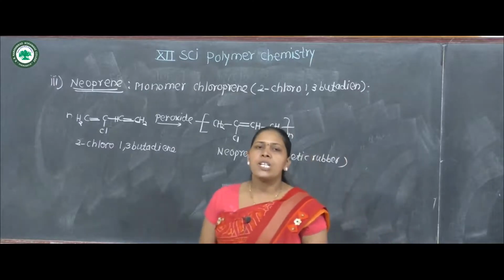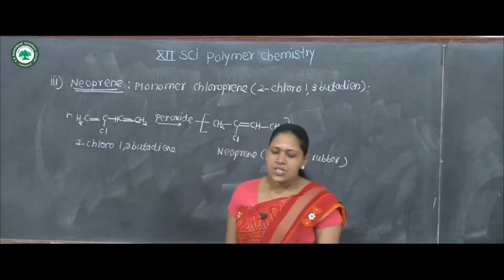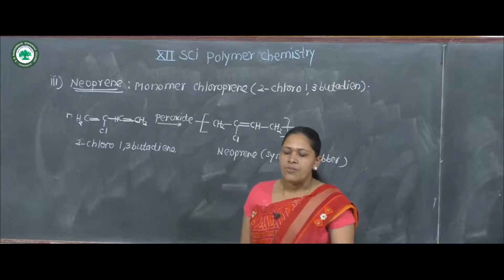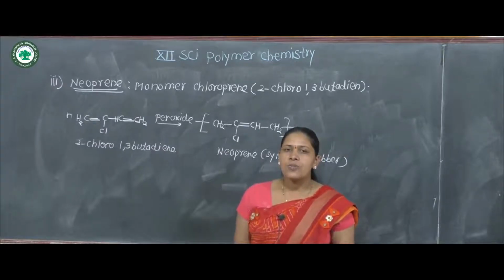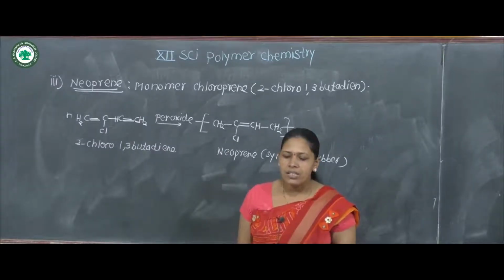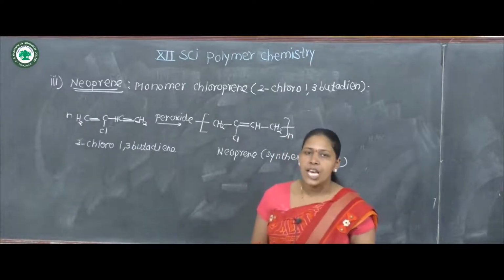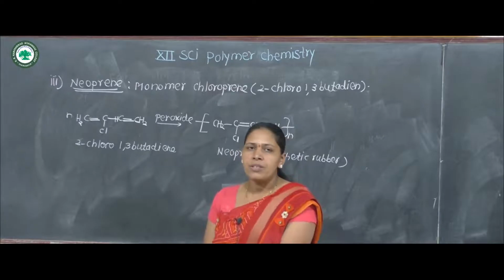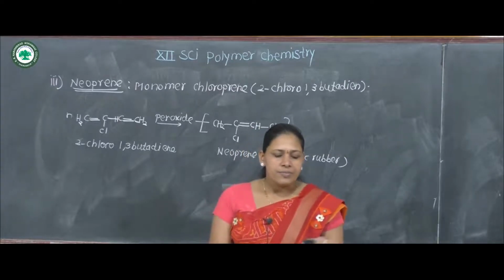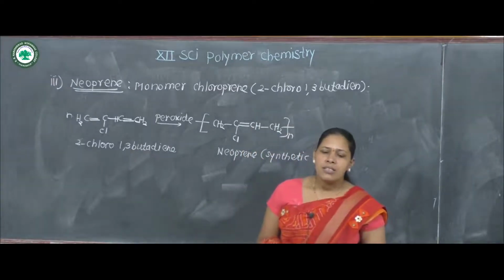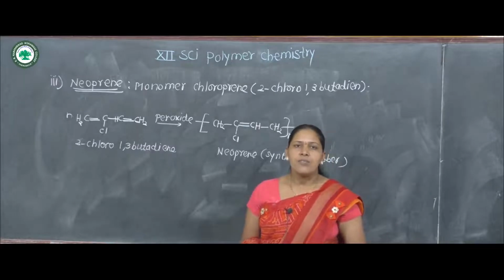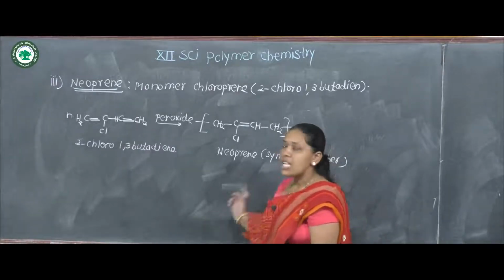What are the properties of neoprene? It is resistant to petroleum and vegetable oils, and also resistant to heat, therefore it is used in making pipes for transportation of gasoline and petroleum, insulator cable, jacket belts, and for power transmission.